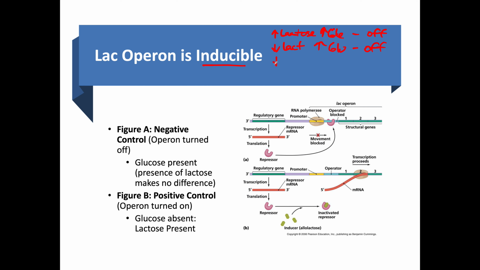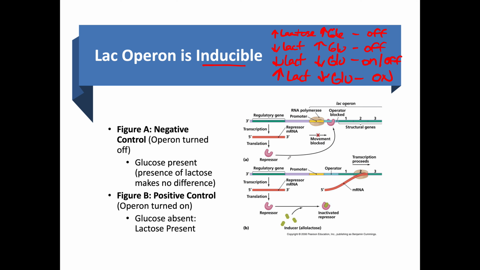If I have a low lactose concentration and a low glucose concentration, my gene might be on or off. We'll talk about that in a minute. If, of course, I have a high lactose environment but a low glucose environment, my operon will be on.